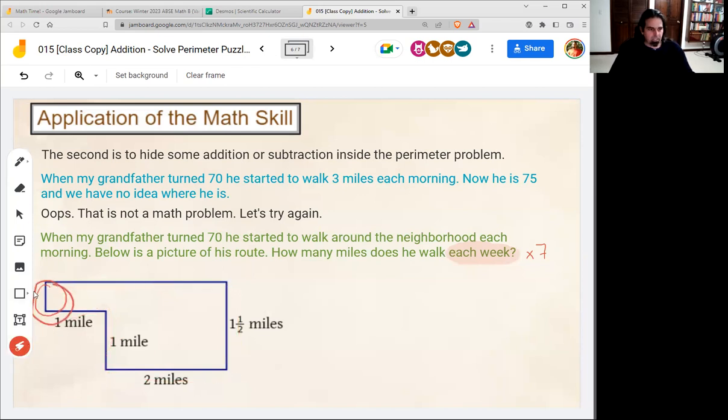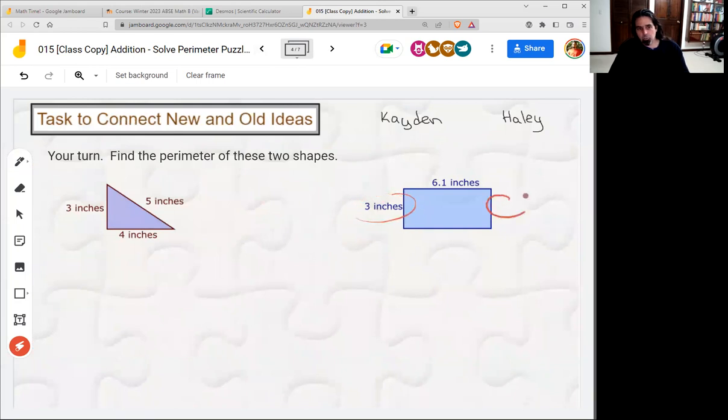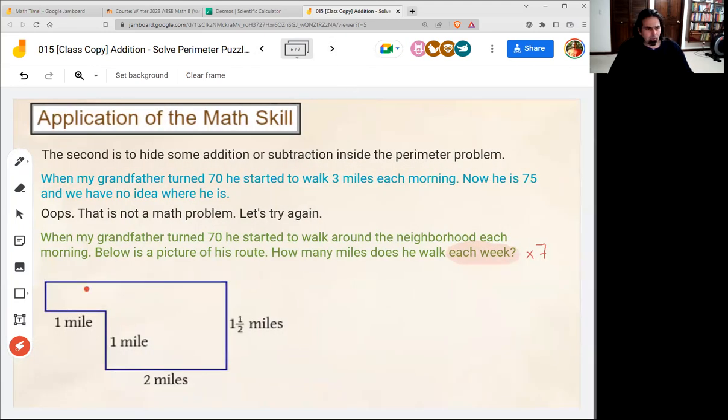I am missing some sides, but unlike this problem, I can't just photocopy the numbers because it's not a rectangle. So how long is this top?